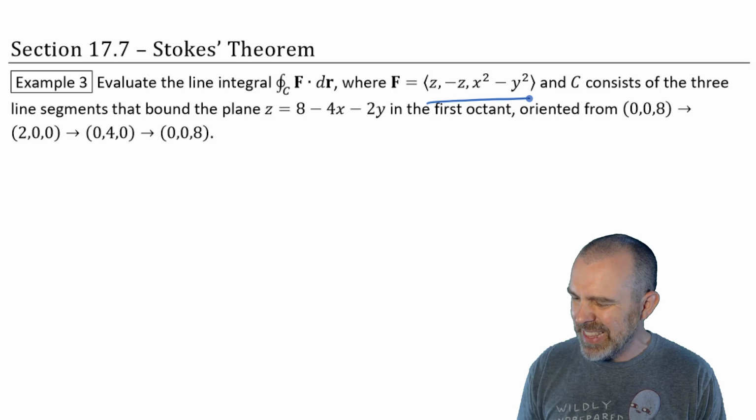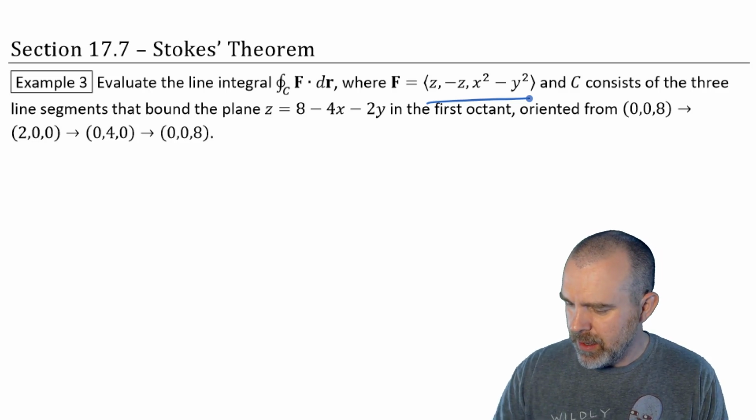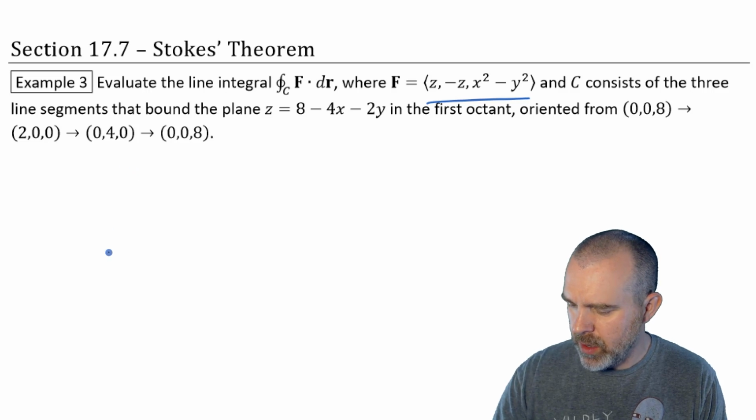C consists of 3 line segments that bound this plane in the first octant. So first octant, it looks like we have not much x, a little bit of y, but more z.